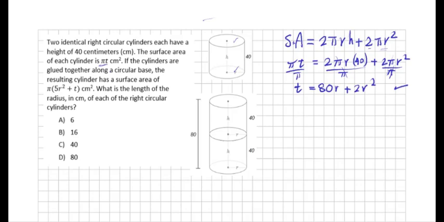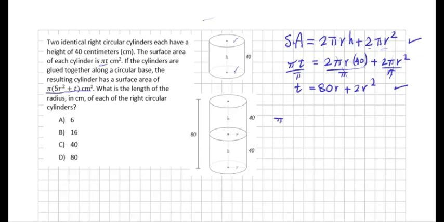Then we go to the second diagram. When they are glued together, we can apply the same formula. The surface area is already given, because the question says that when they are glued together, the surface area is pi times 5r squared plus t.